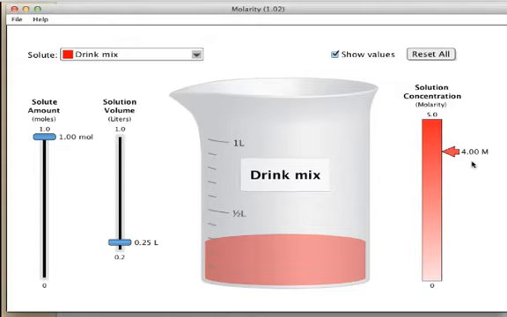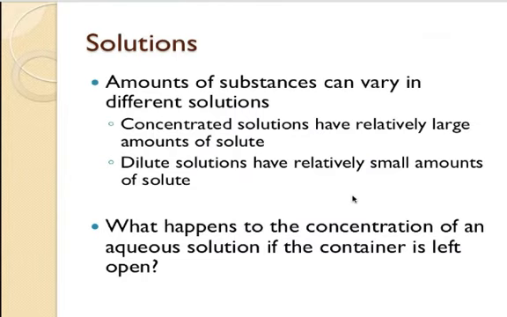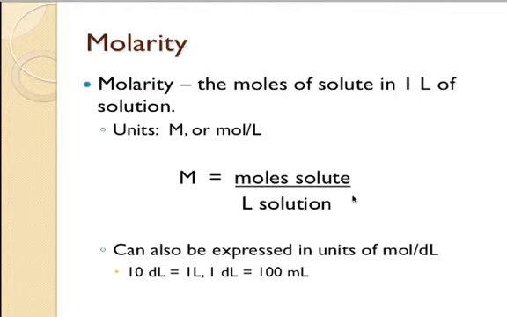Really the amount of solute stays in your sample of solution. What you can change is the volume of solvent, either by evaporating it off to make it more concentrated or by diluting it to make it less concentrated. We'll get back to that dilution concept. That's a very important concept, but we'll get back to that.